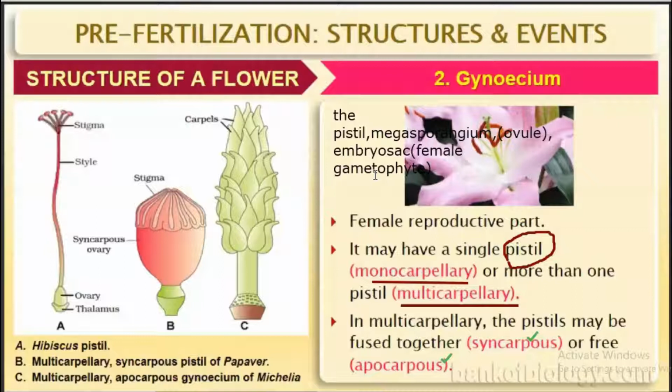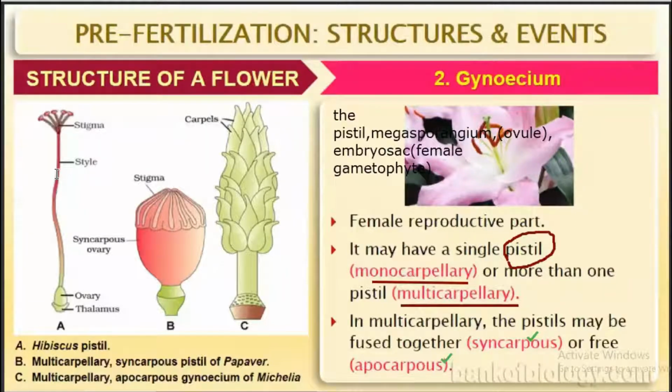So, based on this content, we have studied monocarpellary, multicarpellary, syncarpus, apocarpus, etc. Then what about the megasporangium or ovule? Where is this ovule present? In order to understand this, we should study the structure of carpel.